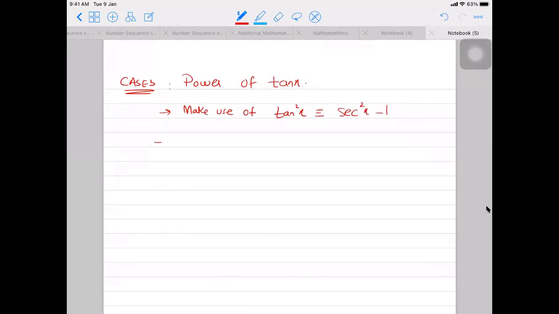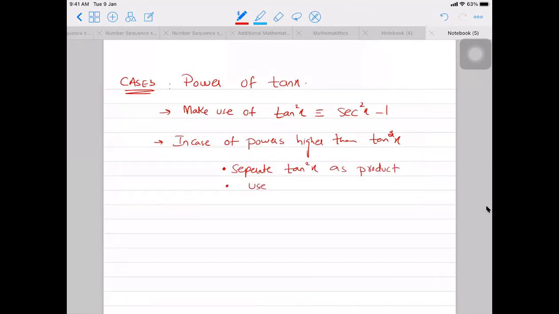But in case of powers higher than tan square x, let's say tan cube x, then what you do is you separate tan square x as a product and then use this identity of tan square x equals secant square x minus 1.